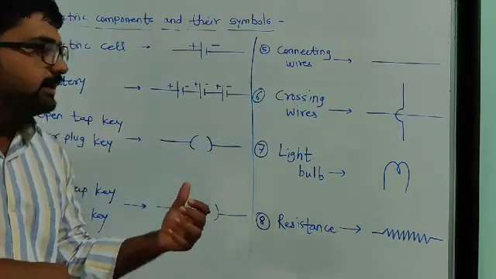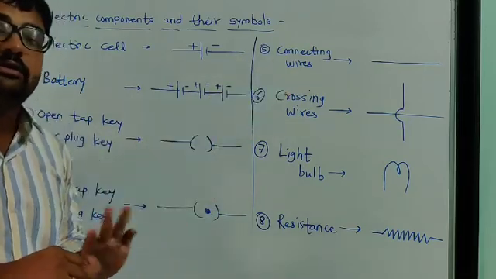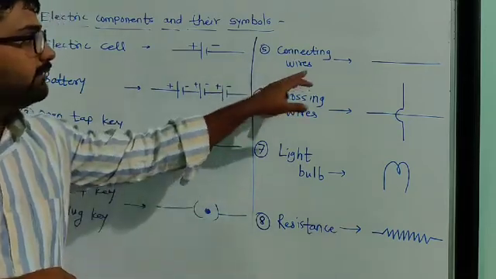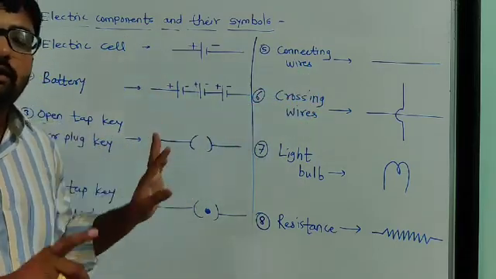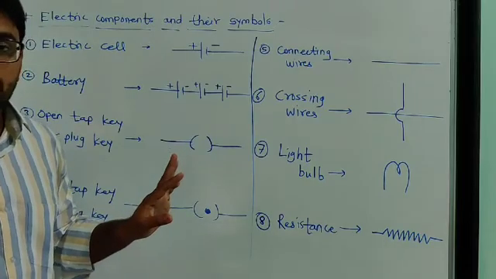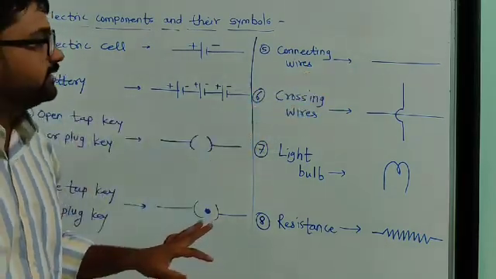So electric current can very easily pass through these conducting wires. The main function of these connecting wires is to pass electric current from one position to another, and this is the symbol of connecting wires.